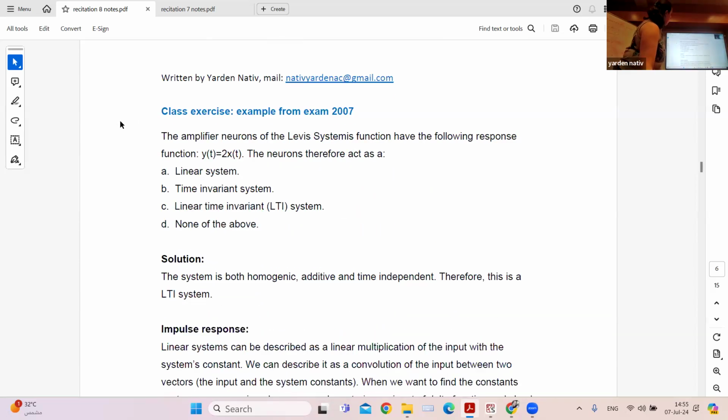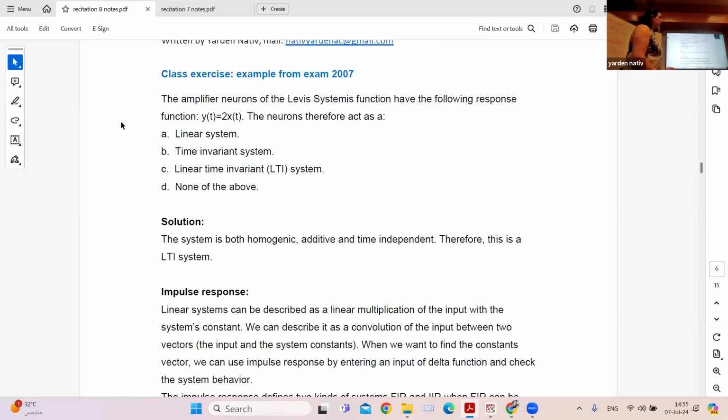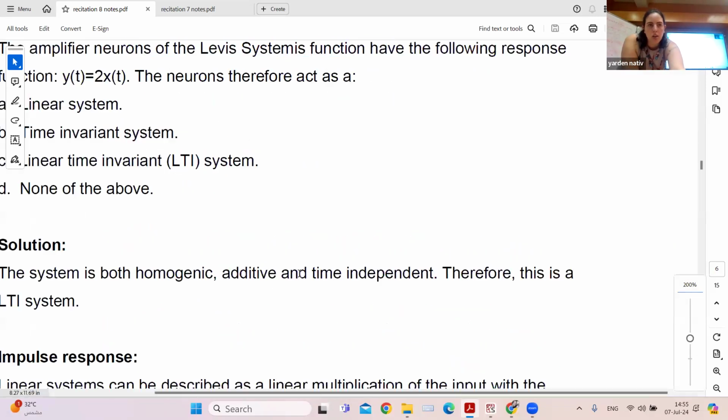Okay? So let's see that we fully understand it, and by so we finish. This is just kind of reminding you the definitions. So we have the amplifier neurons of a system that has the following response function.